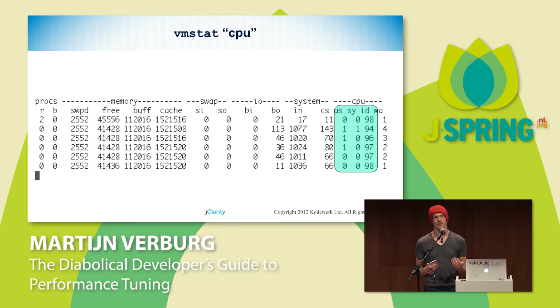If it's a hard disk issue, you'll see the BI or the BO, which is read and write, columns, they will start to go into the thousands. If you're flooding the network, you'll see things like the IN, which is the interrupts column, that will start going into thousands or tens of thousands. And the CS column, that's context switching. And if you see that go into, say, 5,000 plus, then chances are that's your problem. So you just basically look for the big number in the column, which is the pointer to where the problem is.